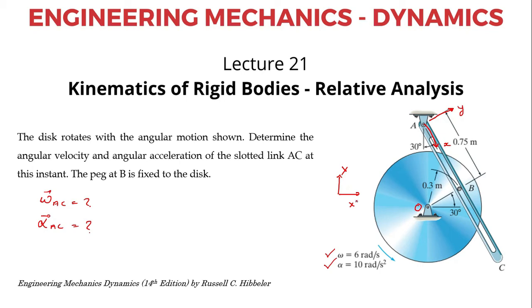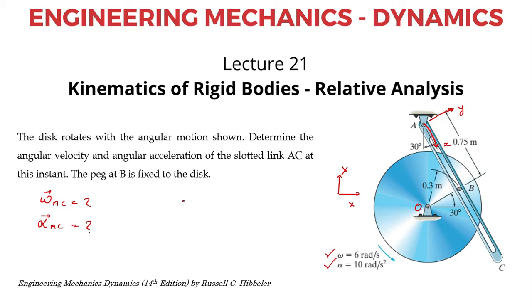Now in the question, the angular velocity and acceleration of this disk is given. So I can obtain the velocity and acceleration of this peg B with respect to point O. Or in other words, since point O is fixed, with respect to the fixed reference frame capital XY, I can write the angular velocity and acceleration of OB.